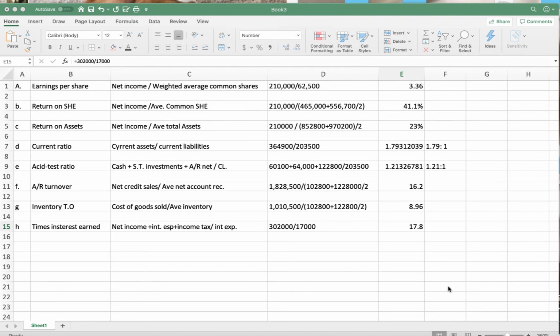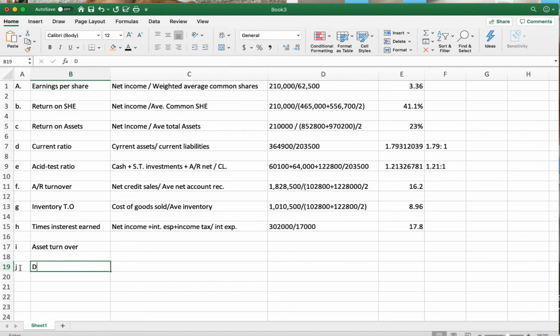Yep, two. We have asset turnover and debt to assets. So I'm just going to bang those out real quick here. I is asset turnover, and J is going to be debt to assets. Okay, so how do I figure out my asset turnover?